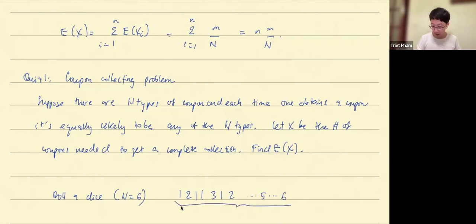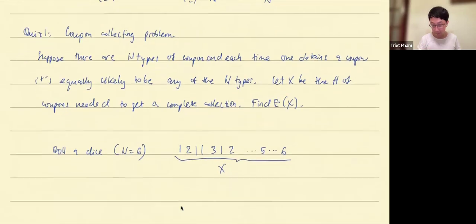Then that's exactly the first time you see all 6. That's a complete collection. And that's a random number, that's a random variable. And you want to find its average, its expectation. So we understand the random variable and what it's doing.